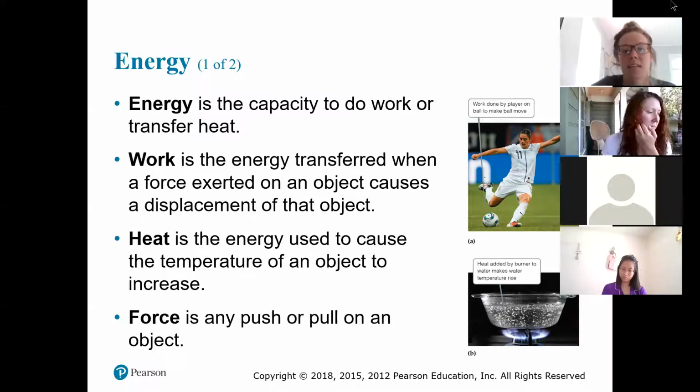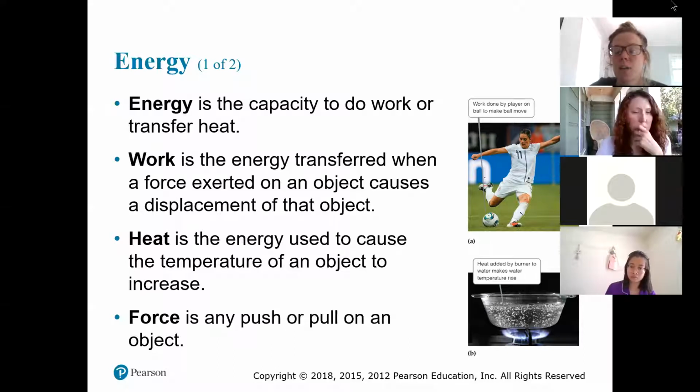Heat is the energy used to cause the temperature of an object to increase or decrease. So if I'm heating something up, I will increase its temperature by pumping energy into the system. Over here, we can see this is mechanical work, and this would be a heat situation.